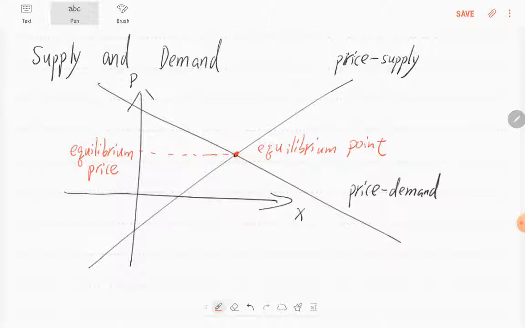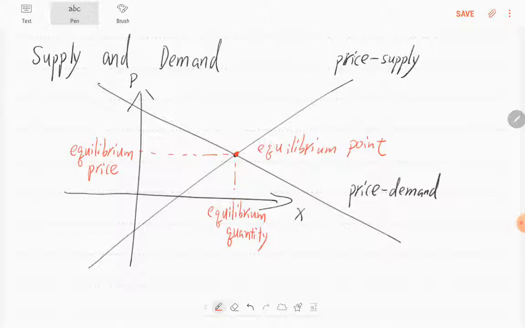The quantity of the product at this point is called the equilibrium quantity, where the quantity of the supply equals the quantity of the demand. That is a very ideal situation. So this point is very important.